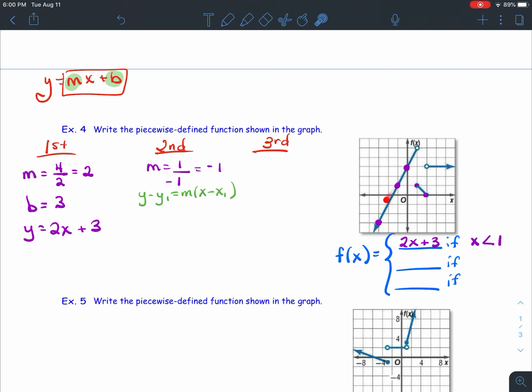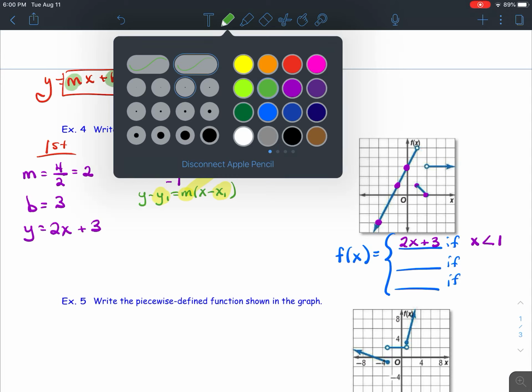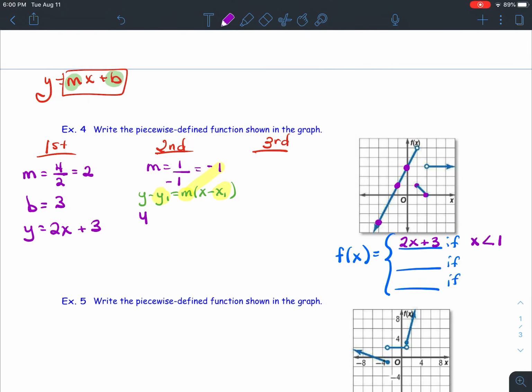Some problems could have a y-intercept at like 1 2/3 or something kind of crazy. Okay, so the rule is going to be this. If you can see it, if it's physically touching the y-axis and you can clearly tell the y-intercept, write it down like we did on the first piece. If it is not touching the y-axis, I want you to use this point slope form.